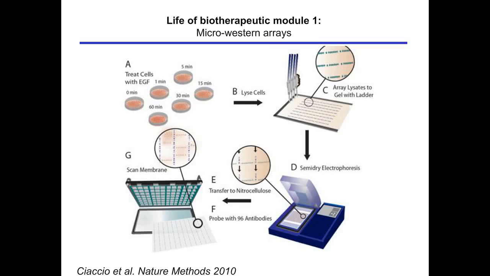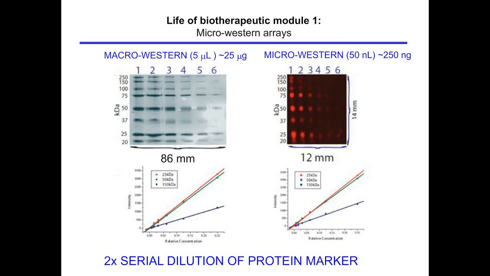We subsequently further evolved this method in 2010 and described a manner in which microarray methods were used to array the lysates onto acrylamide gels that were then subjected to semi-dry electrophoresis and then transferred to nitrocellulose and probed in 96-well format with 96 different antibodies.